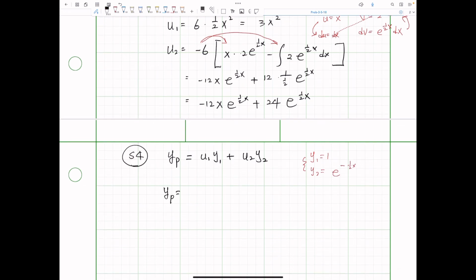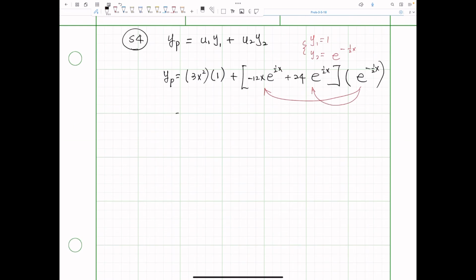Yp equals u1, 3x squared, times y1, and then u2, negative 12x e to the 1 over 2x plus 24 e to the 1 over 2x, times y2, e to the negative 1 over 2x.